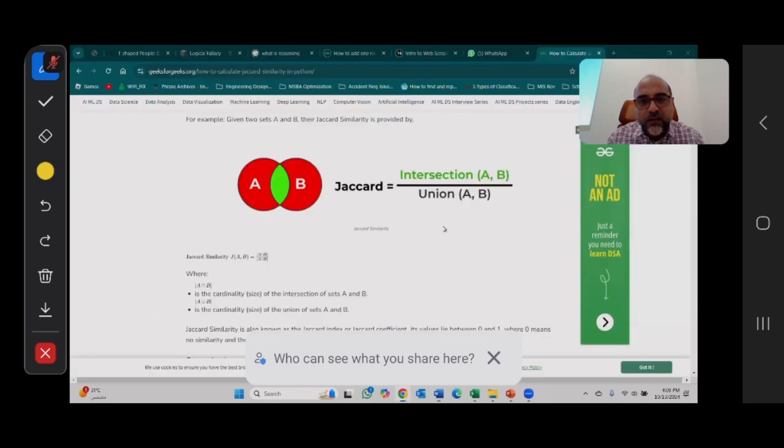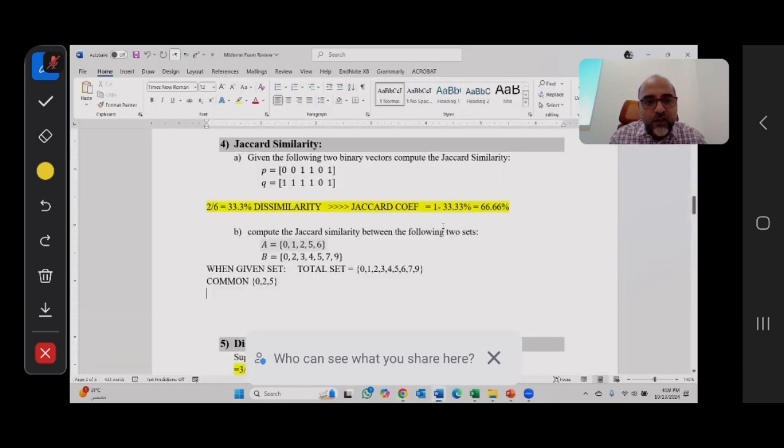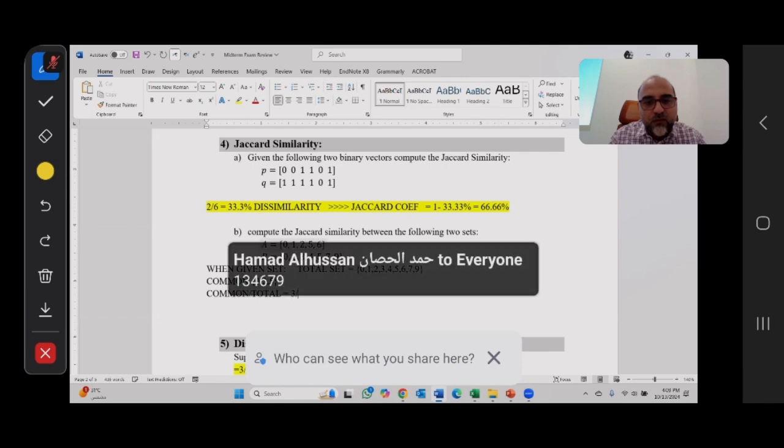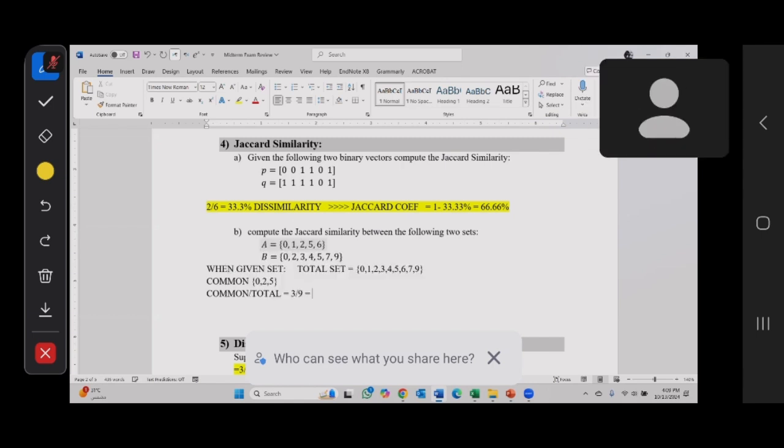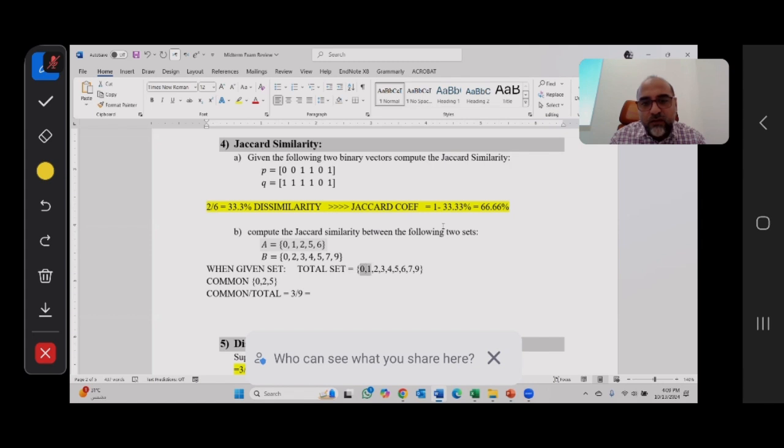So what is the Jaccard coefficient? The formula is common over total set, which is equal to how much? 3 over 9, right? Count how many are there: 1, 2, 3, 4, 5, 6, 7, 8, 9.